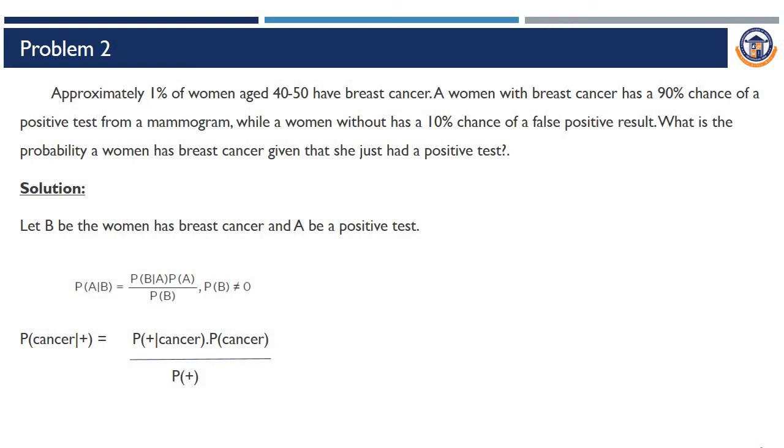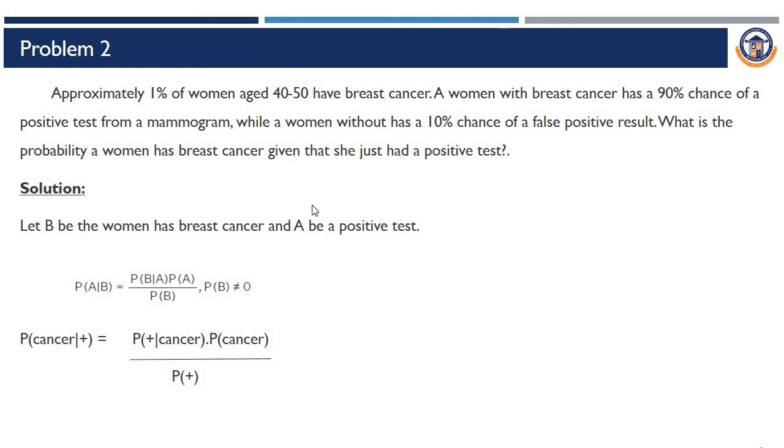What is the probability that a woman has breast cancer given that she just had a positive test? In this problem, approximately 1% of the women have breast cancer, and on the opposite side 99% do not have breast cancer. A woman with breast cancer has a 90% chance of a positive mammogram, and on the other side it is 10%.